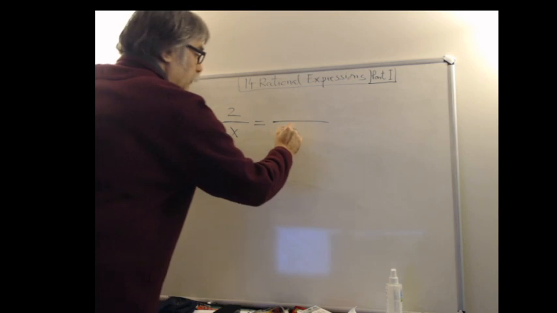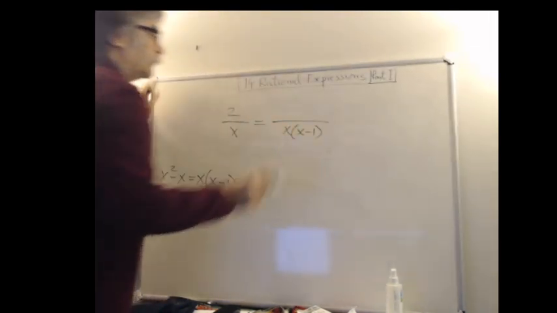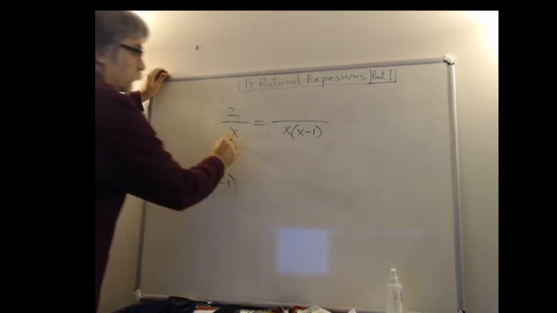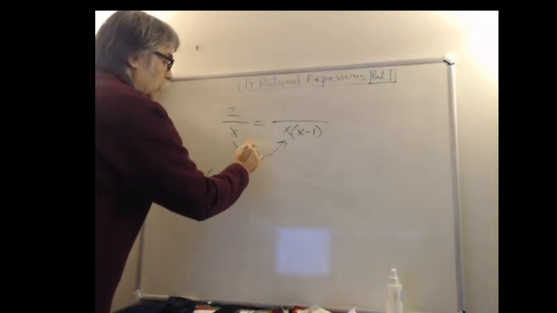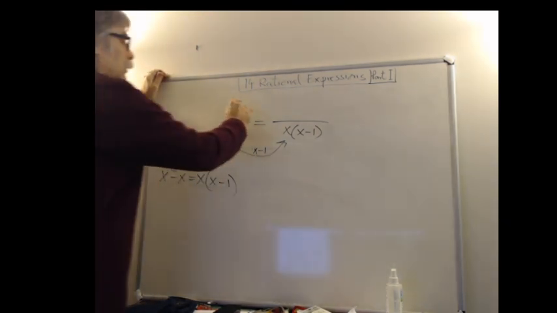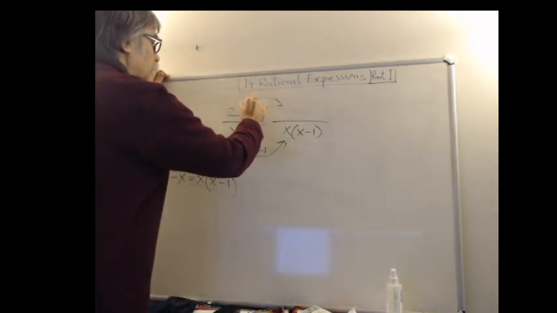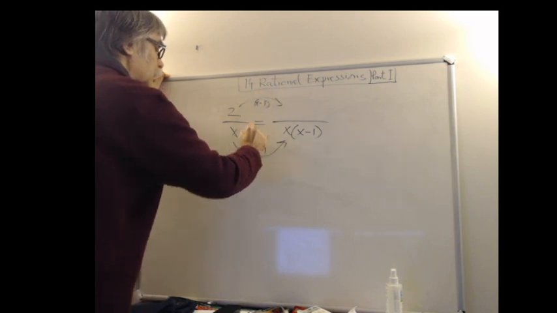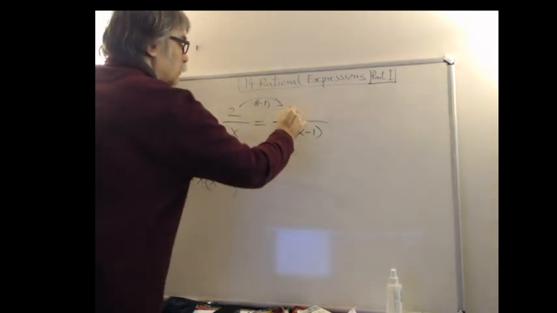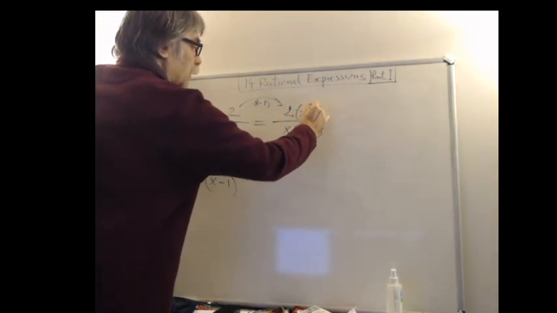So you actually have an x and x minus 1. So now you can see what you need to do. To get from this guy to this, you need to multiply with x minus 1. But you do the same thing with the top, and you're going to multiply with x minus 1. Not just with x, but with x minus 1. And you're going to have 2 times x minus 1.